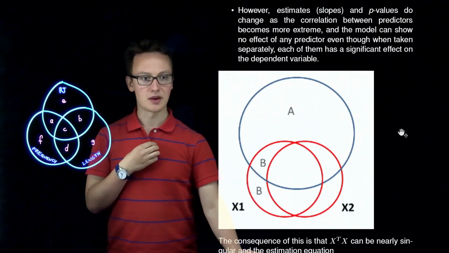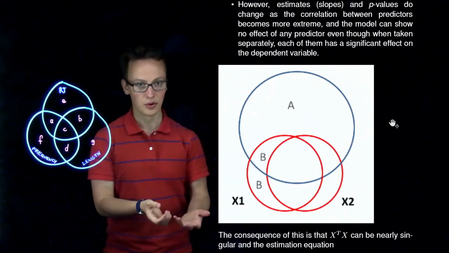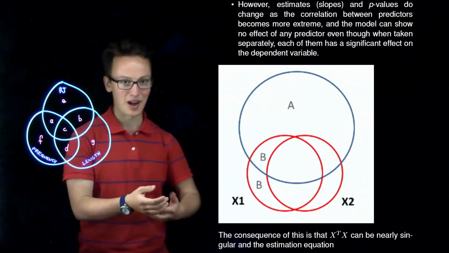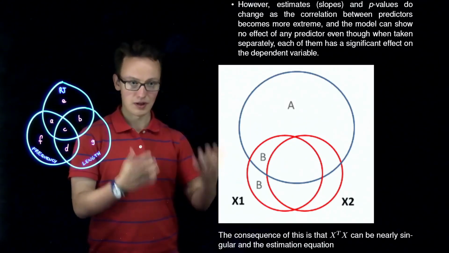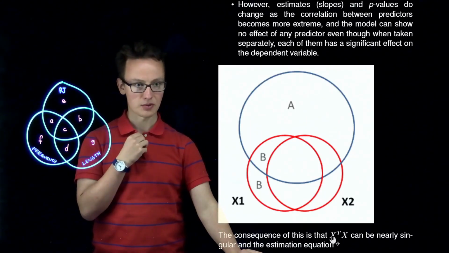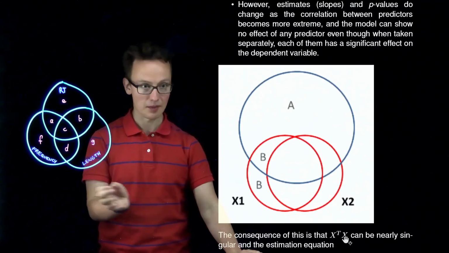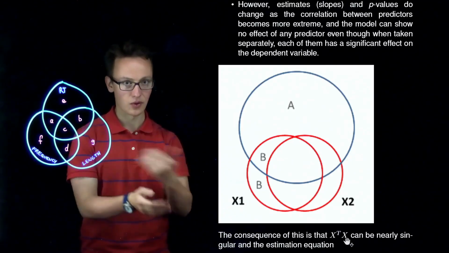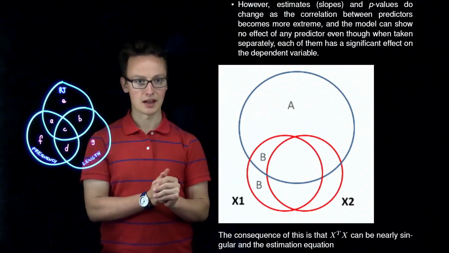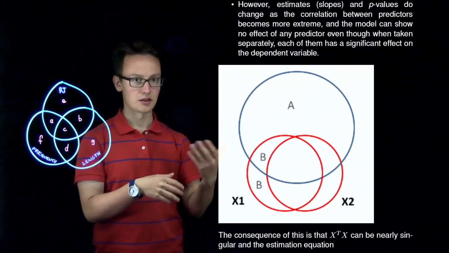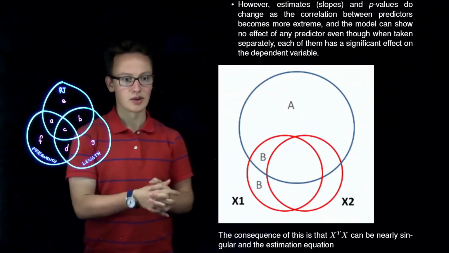And oftentimes this also has mathematically problematic consequences, meaning that under the hood, the matrix algebra that tries to find the best fitting values can not really work anymore. This is because the matrix, which is the design matrix transposed times the design matrix again, which as we saw 2 weeks ago we need in order to estimate our beta parameter values using these matrix operations, can be nearly singular.